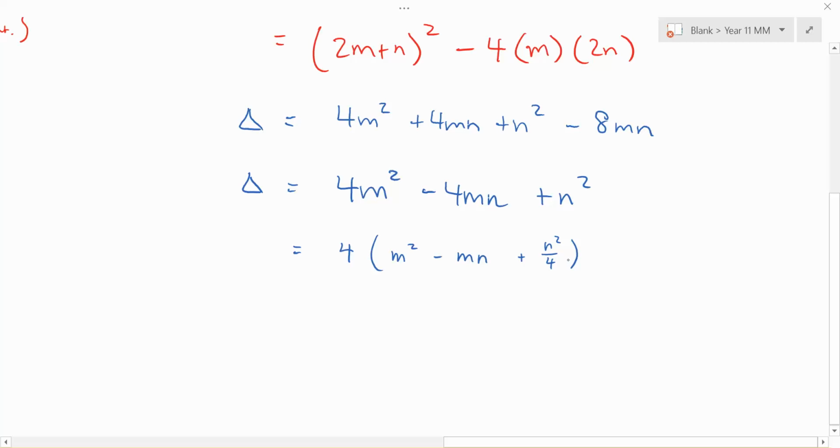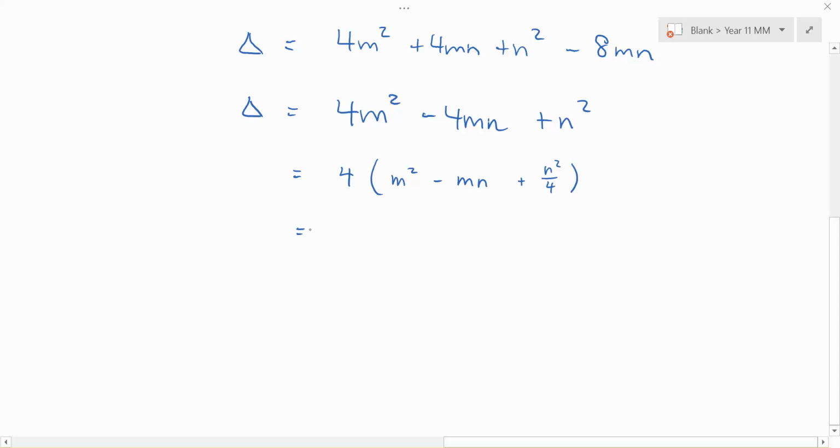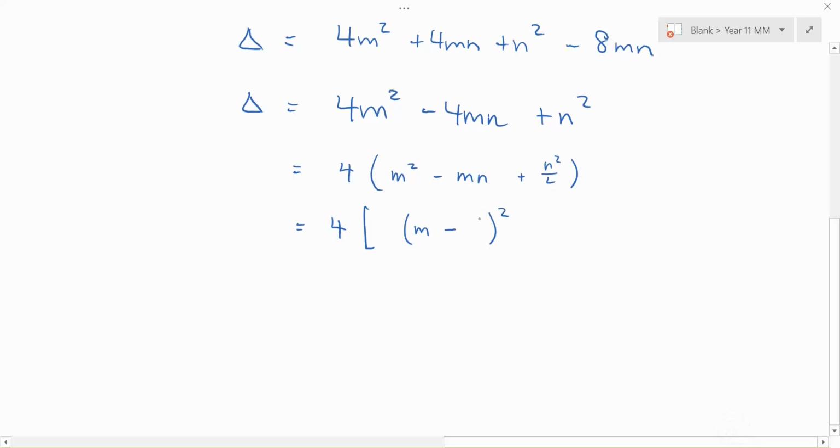If I factorize this even further, I see that it gives me m minus something. Think about it: I have to double something to get negative mn, and square something to get this last value. If I had half of n, the square of this gives me n squared on 4.